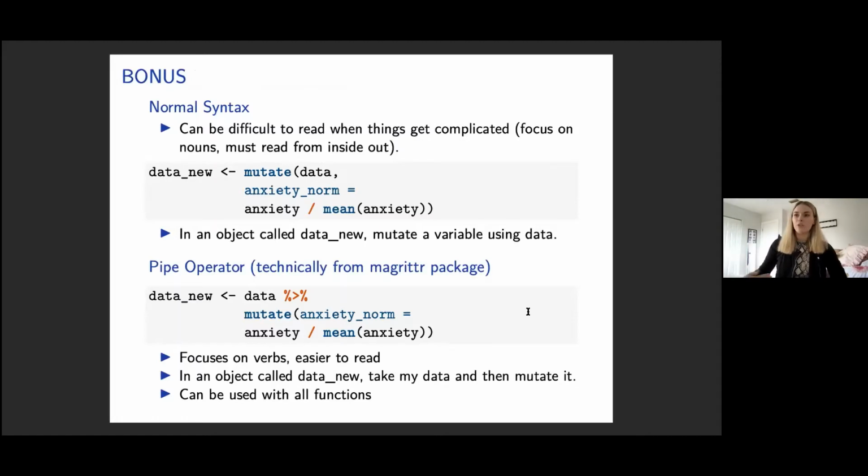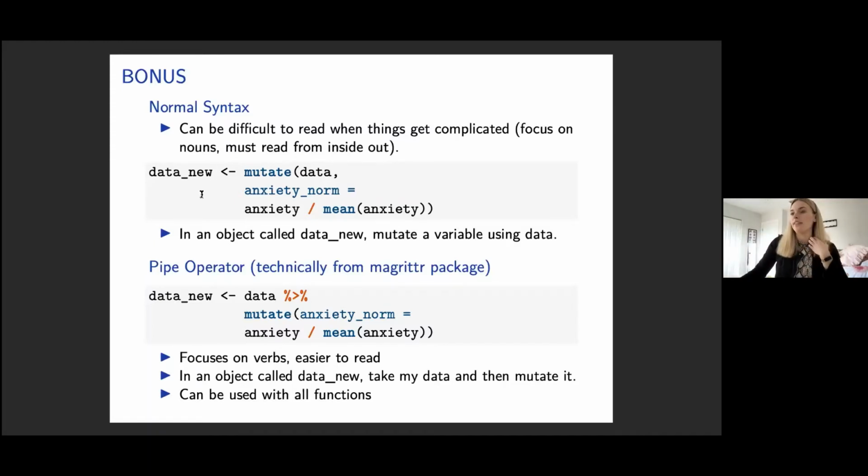Okay, now I just want to talk about a bonus thing. What we've talked about so far is normal syntax, the way we've been putting data and functions in here. It can be difficult to read when things get really complicated, because it focuses on the nouns, the data set itself, and you have to read it from the inside out because you're nesting functions together.